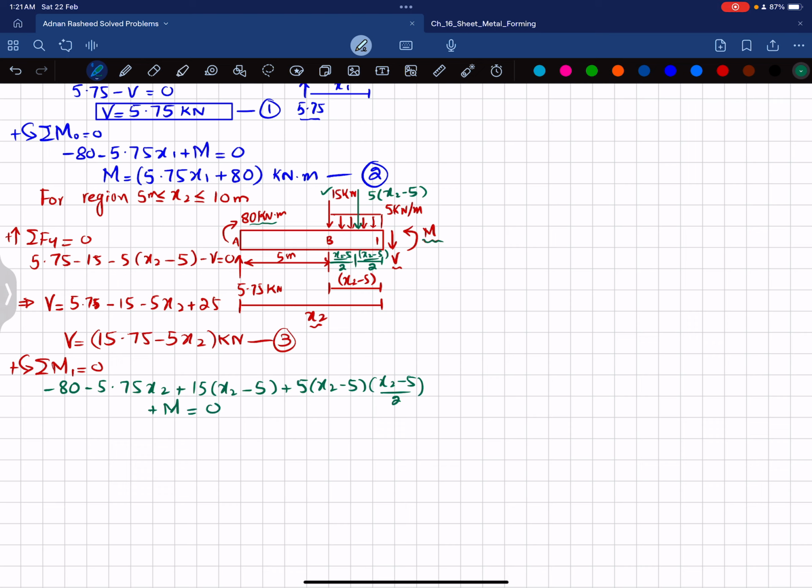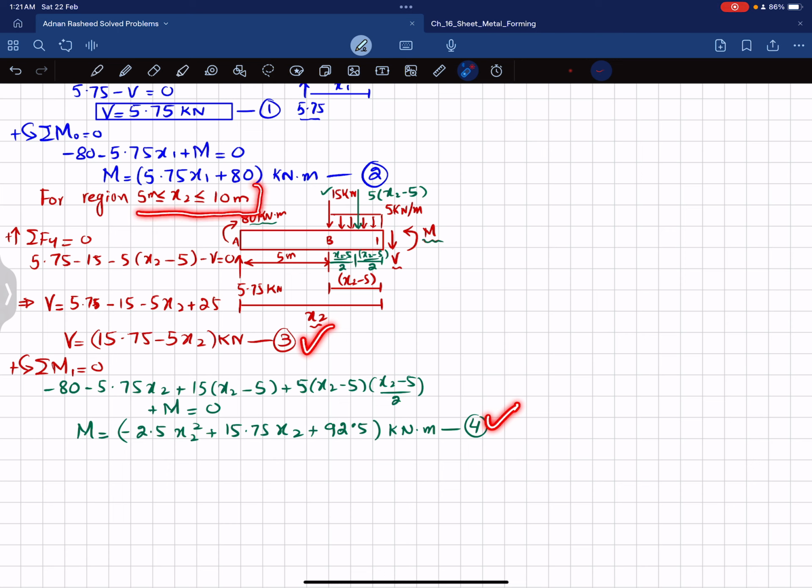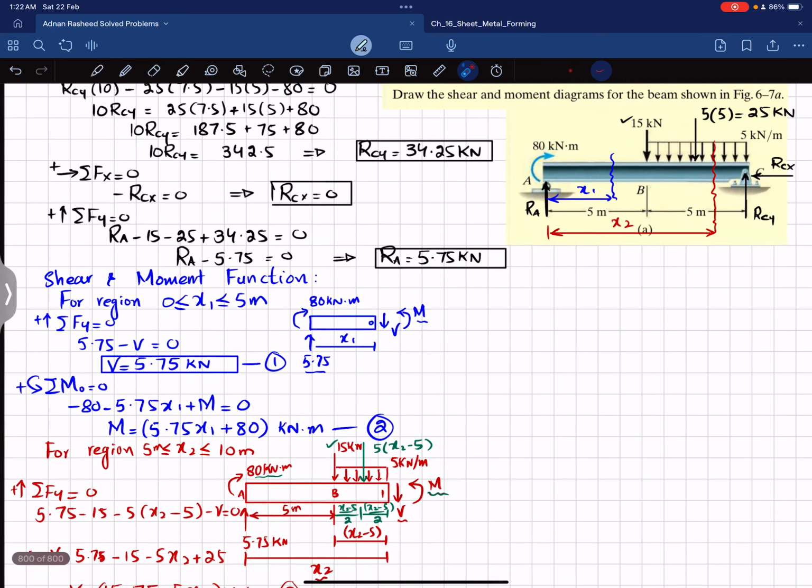So when you simplify this equation, you will get this moment will be equal to minus 2.5 x2 square plus 15.75 x2 plus 9.92.5, and the unit will be kilonewton into meter, and this is your equation number 4. Now equations 3 and 4 are valid for the region x2 is greater than 5 meter and less than 10 meter. So these are our shear force and bending moment equations.